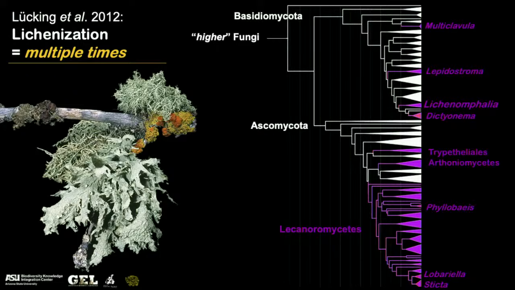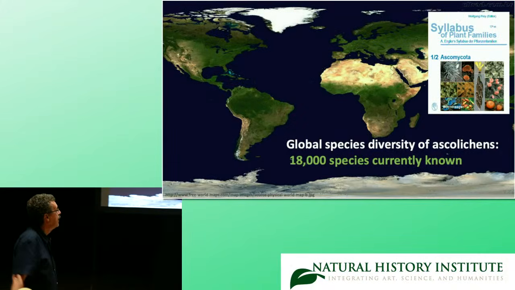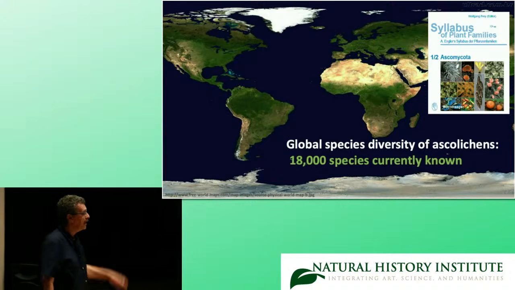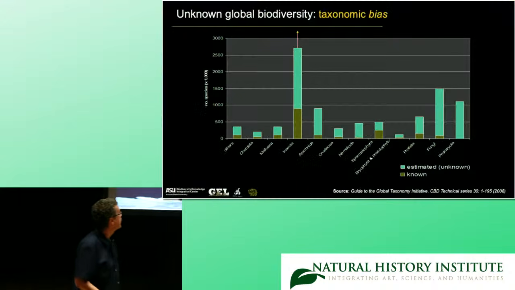But some groups, like the Basidiomycota, have only very few lichens. Yeah? So that means lichens are not necessarily closely related. They're basically a style or life form of how fungi live. There's an estimate of about 20,000 to maybe up to 30,000 species in the world.